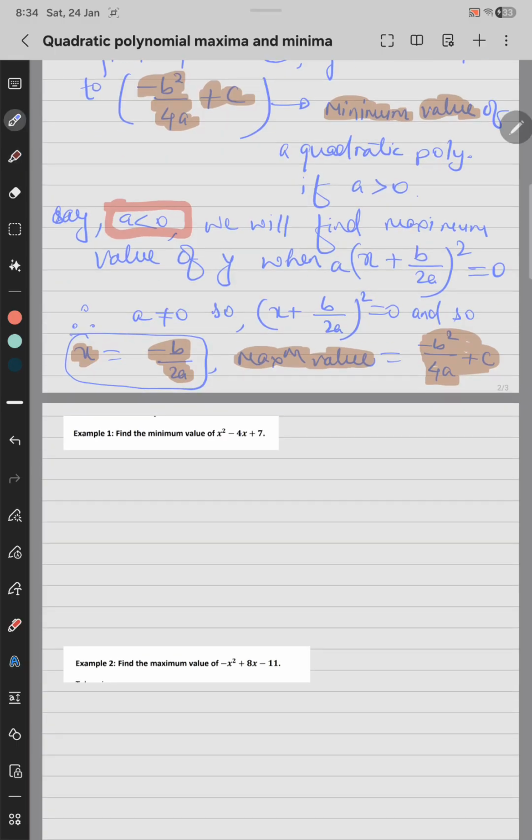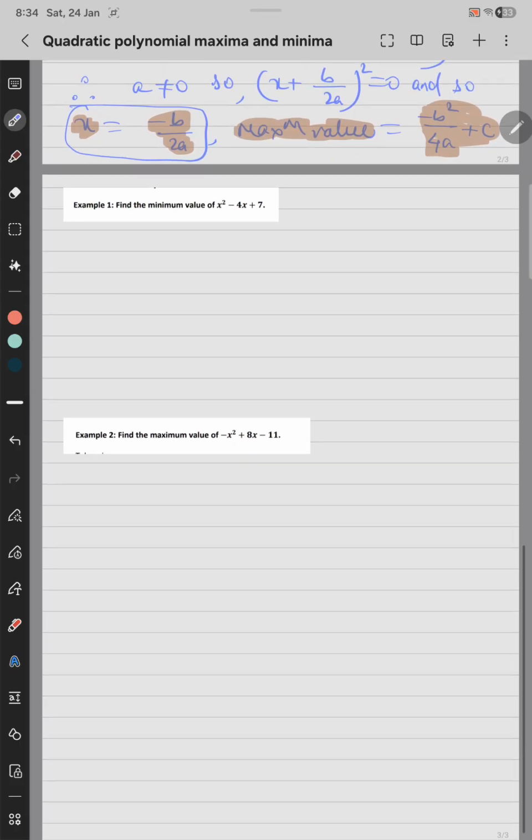Now we will use this concept to solve these two questions. Before solving, we need to write the values of the corresponding a, b, c. Here we have x square minus 4x plus 7 is equal to ax square plus bx plus c. Therefore, from coefficient matching of both LHS and RHS, a is equal to 1, b is equal to minus 4 and c is equal to 7.